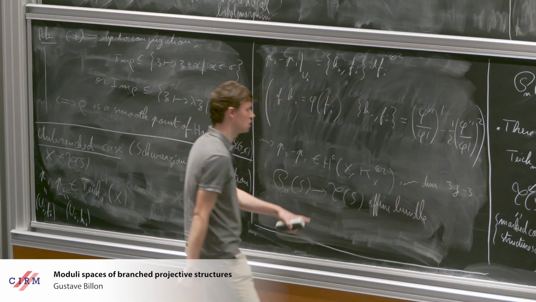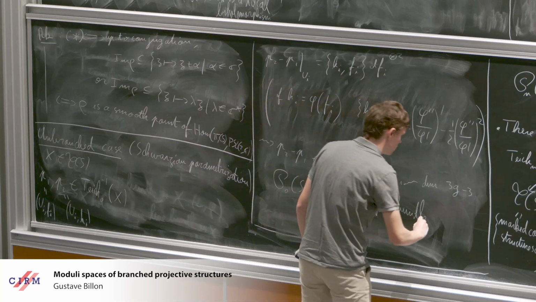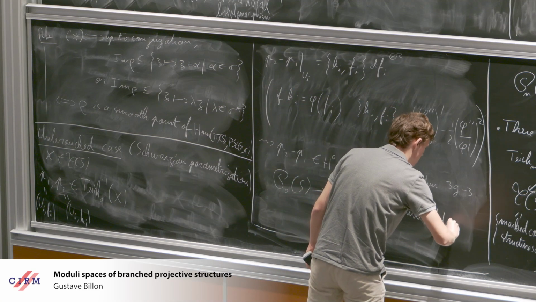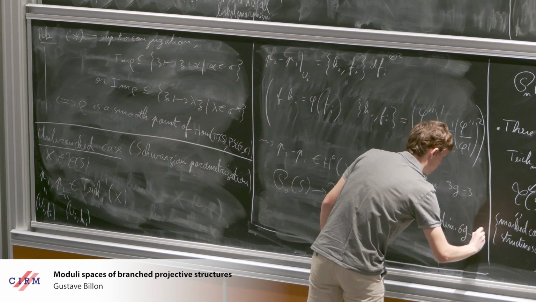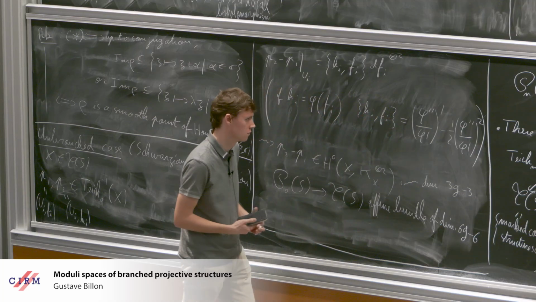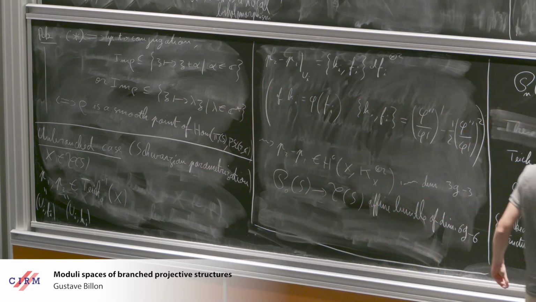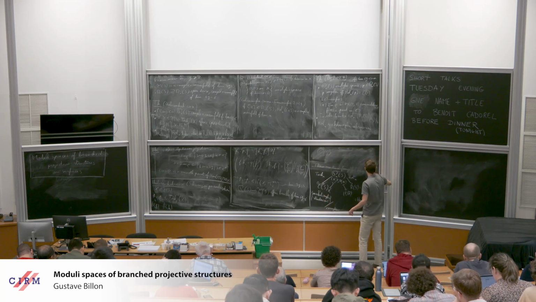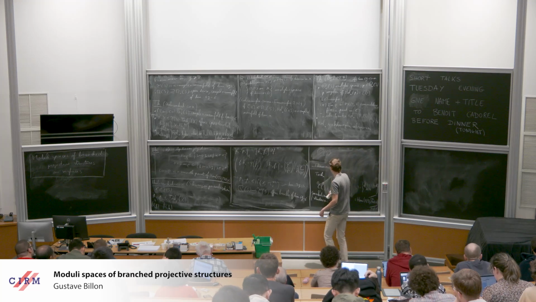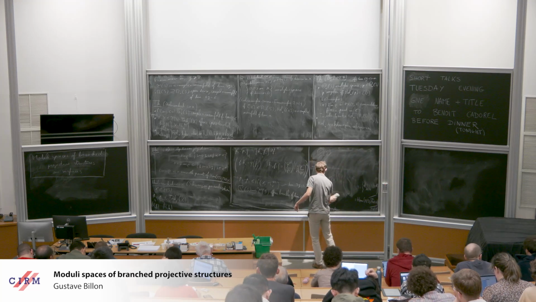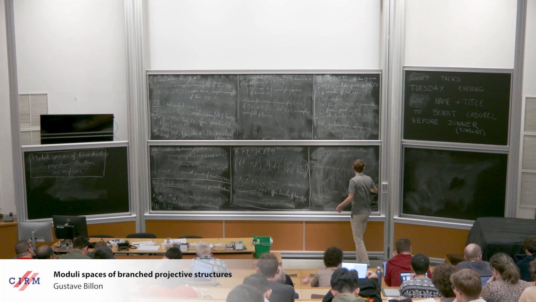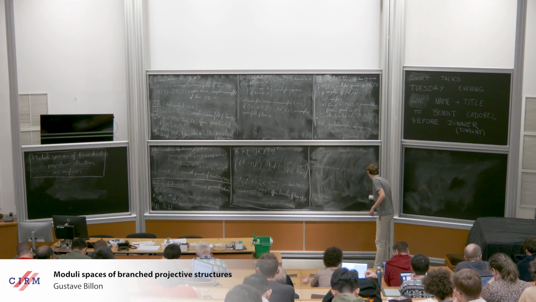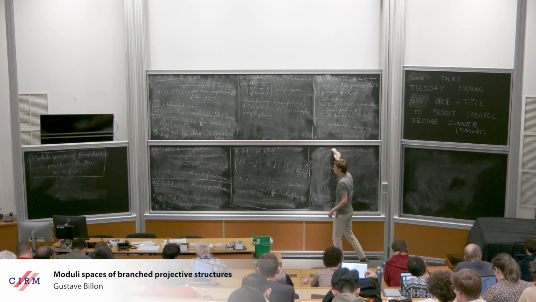And the dimension is the dimension of T of S plus the dimension of the fiber, so 6g minus 6. So that is the story in the unbranched case.